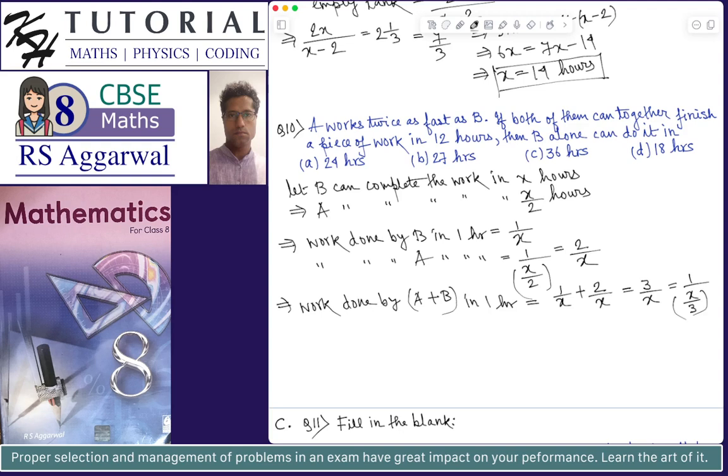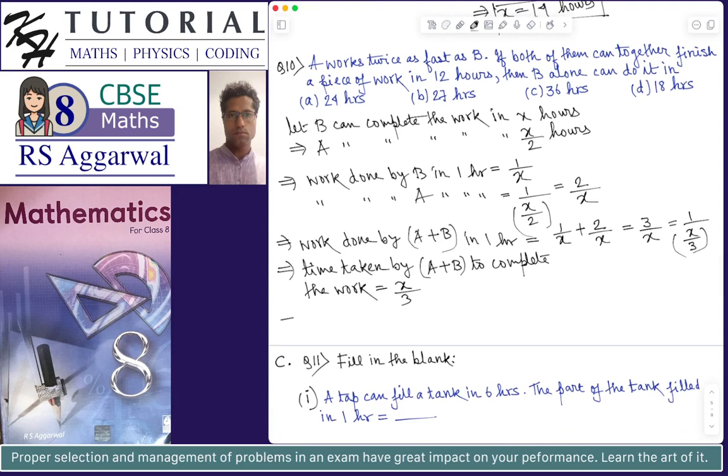So from the fact that work done by A plus B in 1 hour is 1 by x by 3, we can say that time taken by A plus B to complete the whole work will be equal to x by 3. Now it is already given in the problem that both of them can together finish a piece of work in 12 hours.